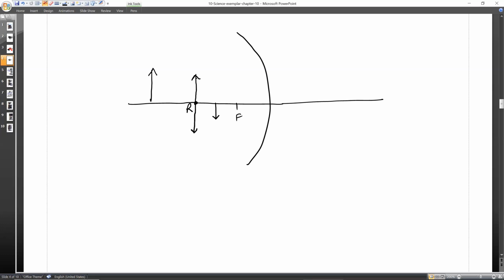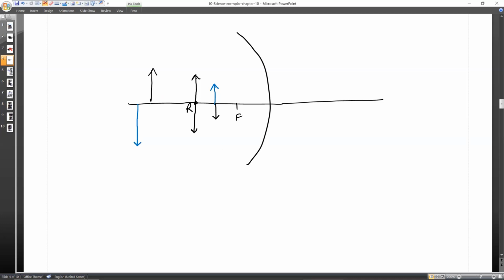Okay, this will be at R. Now if I put the object here between R and F, where is the image going to form? Beyond R. Will it be enlarged or diminished? It will be enlarged.